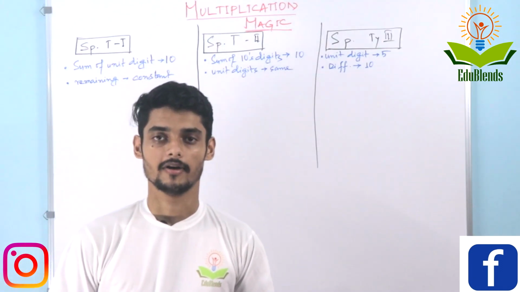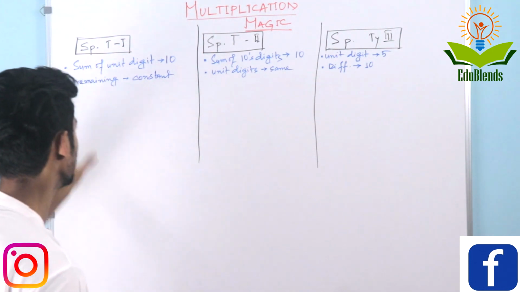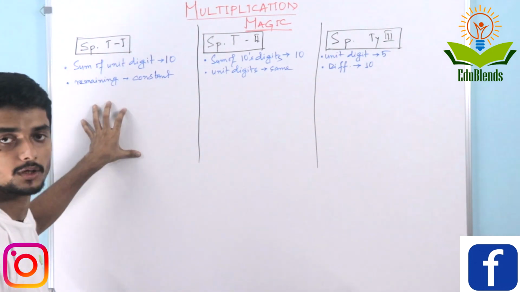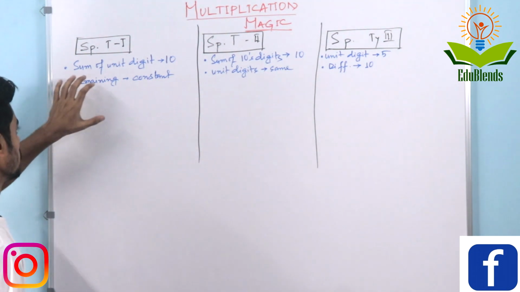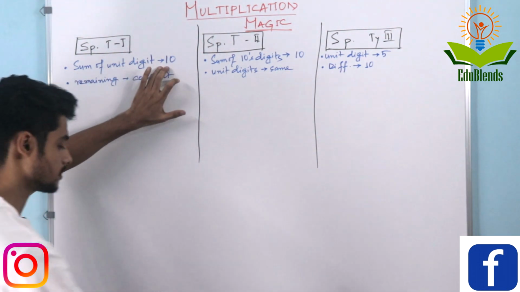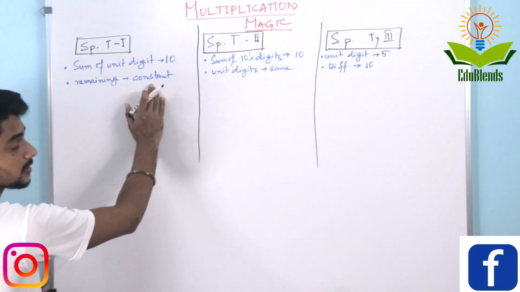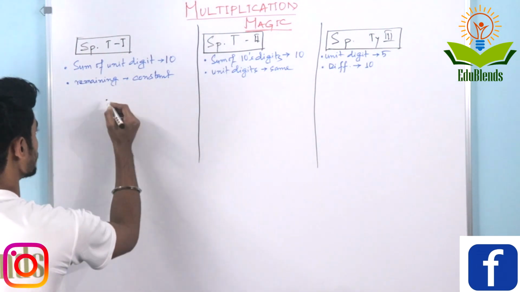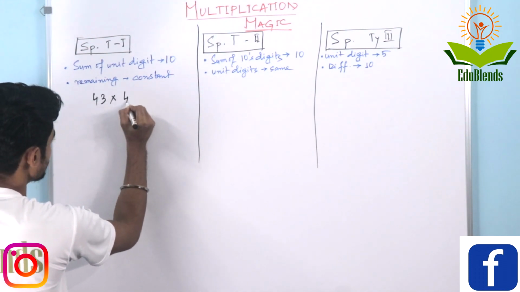Now I divide the special cases into 3 categories. First of all, category 1. What is category 1 describing? Sum of unit digits is 10, and the remaining is constant. We can take 43 into 47.